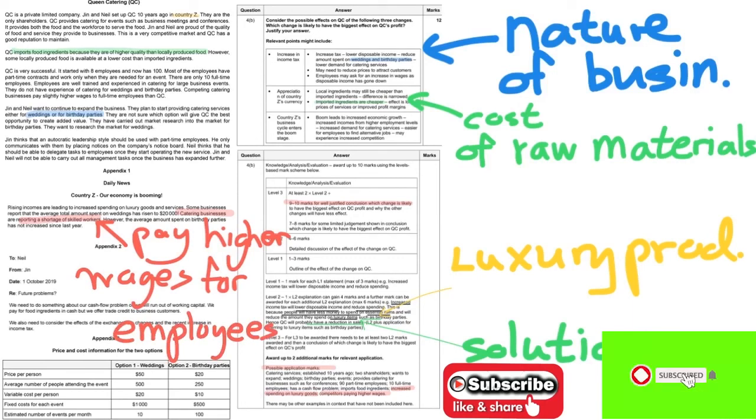So I would underline that one for you. In the case, it talks about you have 100 employees, but there are only 10 full-time employees. Think about it. That means there are almost 90 employees working as part-time. So these employees will leave as soon as other people pay higher.